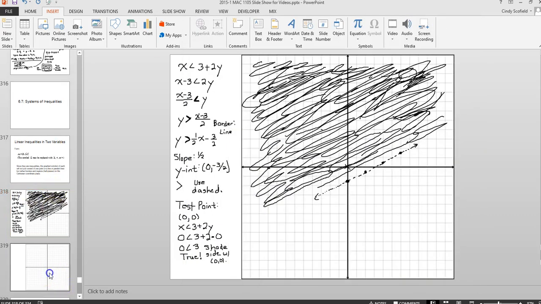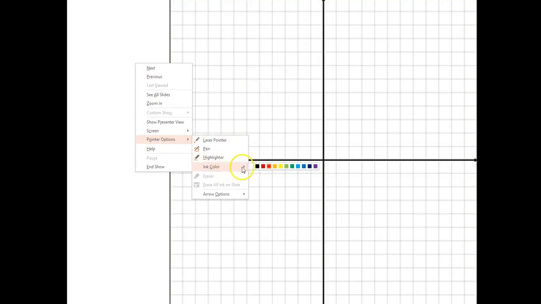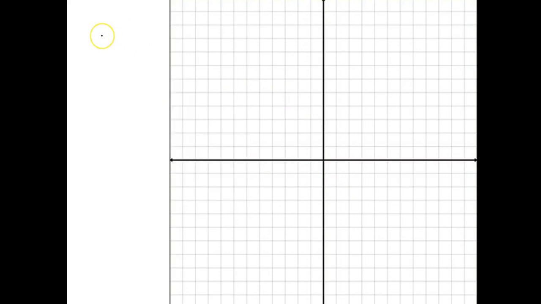So let's do a nonlinear one next. Those are fun. Nonlinear is the same kind of concepts, but you're not doing a line this time. Y is greater than, oh, thankfully they went ahead and solved it for y.